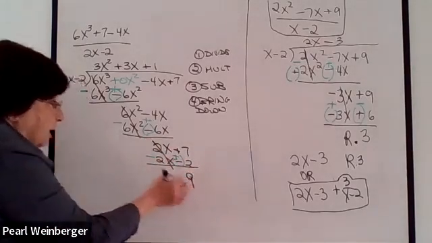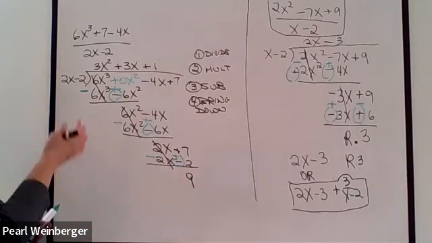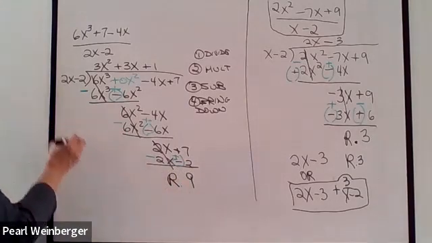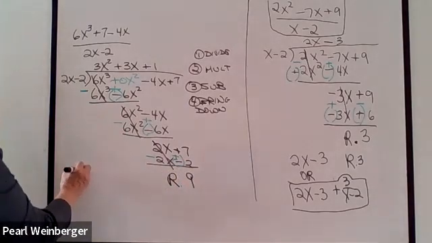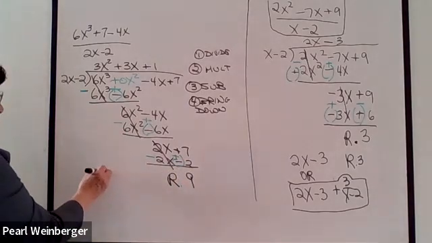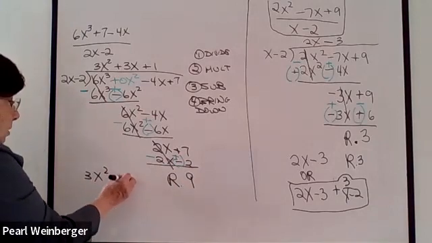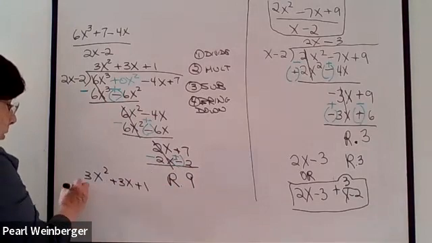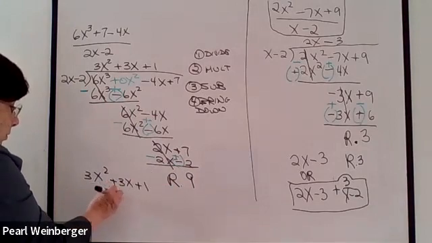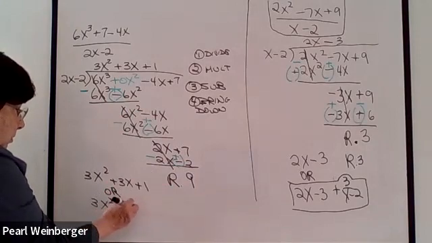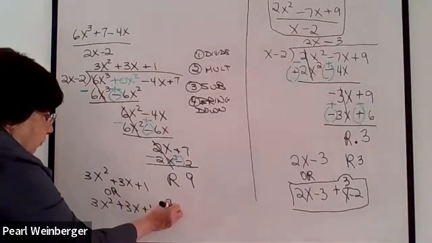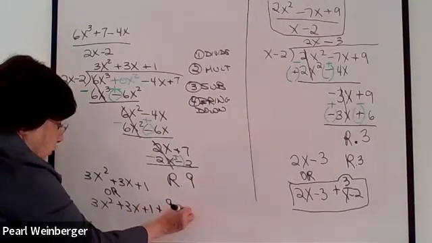And there's nothing more to bring down. There's nothing more. This is my remainder. So my answer becomes 3x squared plus 3x plus 1 remainder 9, or write it 3x squared plus 3x plus 1 plus 9 over 2x minus 2.